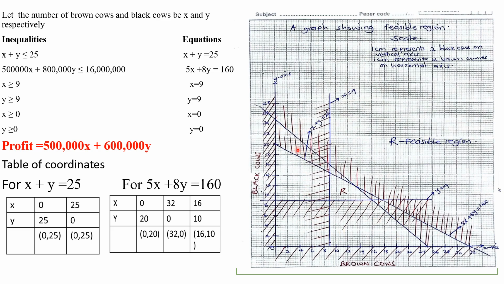Then also here we have the line x plus y is equal to 25. And my friend, these are the points: 0, 25, and also here 25, 0. Those are the points.